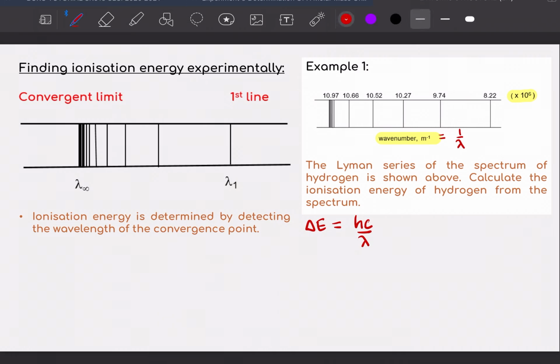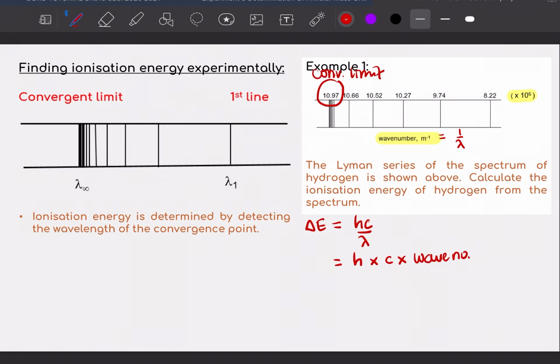Okay, so we use our wave number given. Alright, so this means that you are going to times your Planck constant with speed of light with your wave number. Okay, so wave number is already given here. You're going to use this one, the one at the convergence limit.